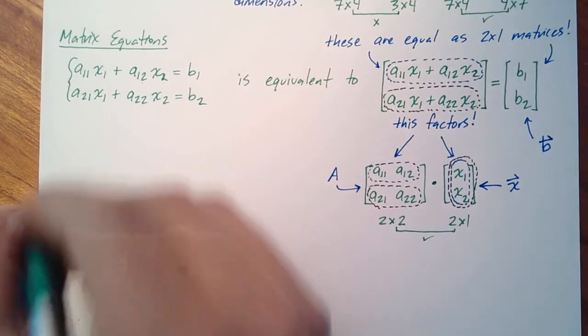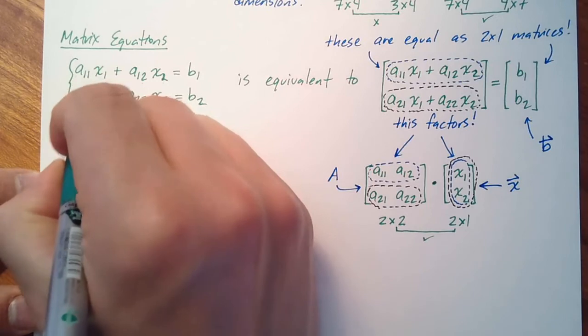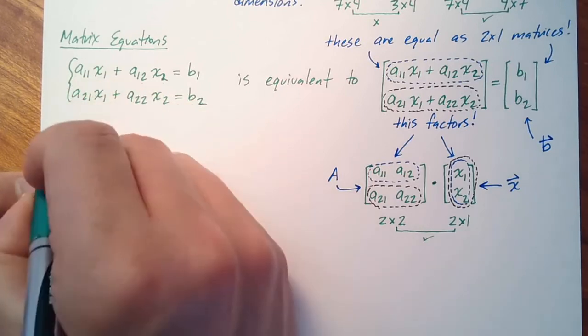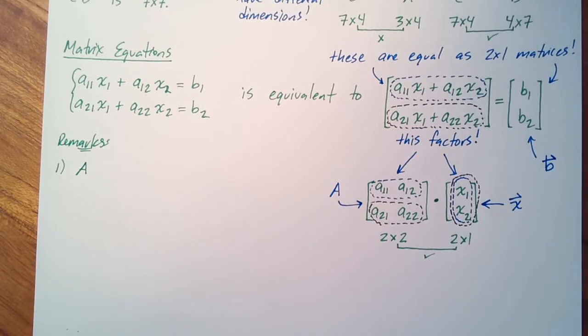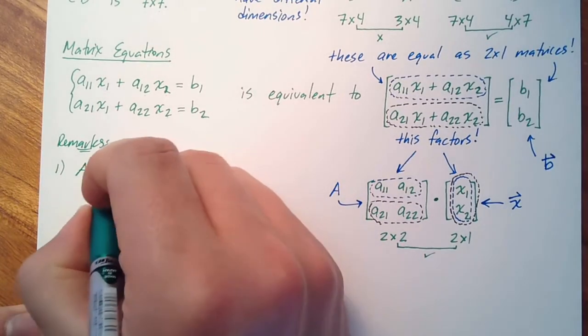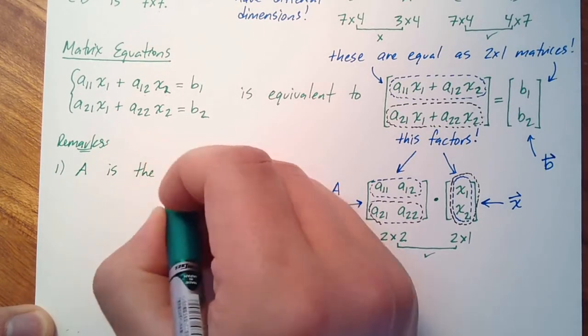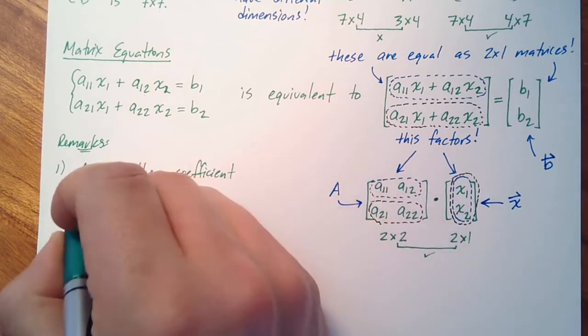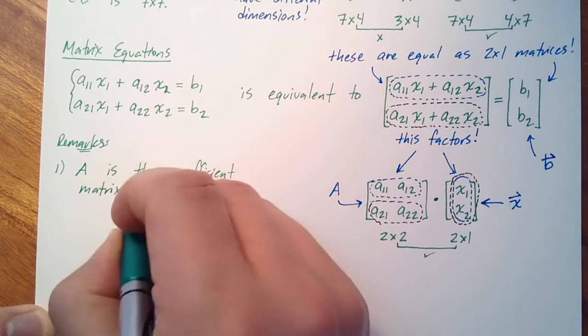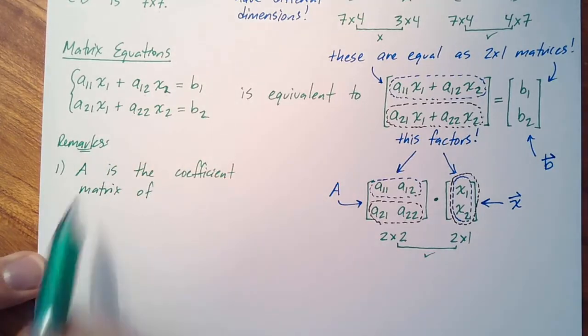I want to make some remarks now. So the first one is we have a name for A. It's called the coefficient matrix of this linear system. So A is the coefficient matrix of this linear system.